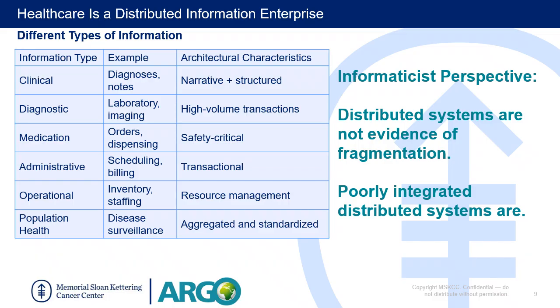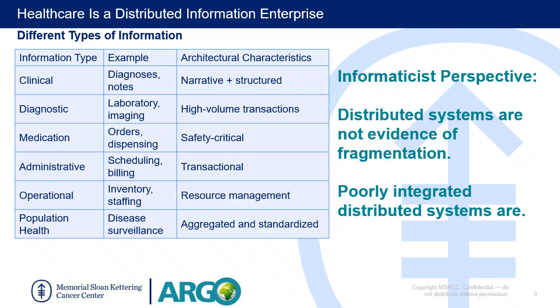Now, the role of architecture is to ensure that these systems work together as a cohesive whole. This distinction is critical. The existence of multiple systems is not by itself a problem. It's not by itself wrong.